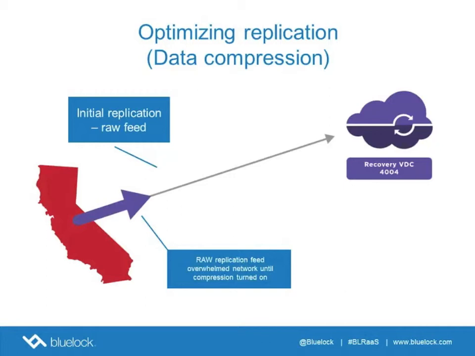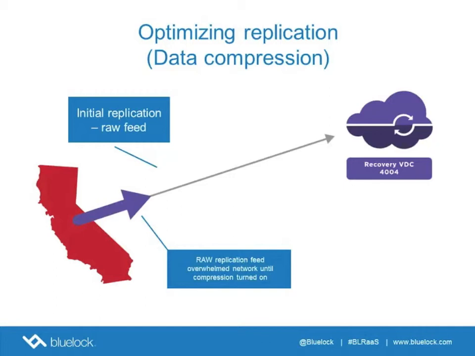So raw replication feed was happening as the business unit brought on more VMs and started doing more production workload on those VMs. What we saw was the networking bandwidth consumption just went through the roof.